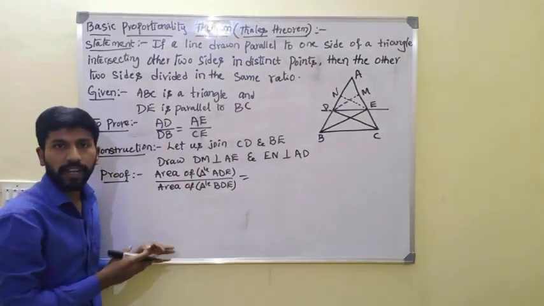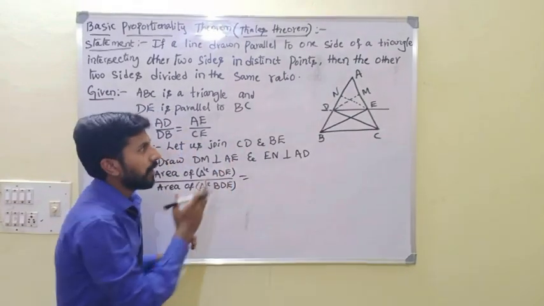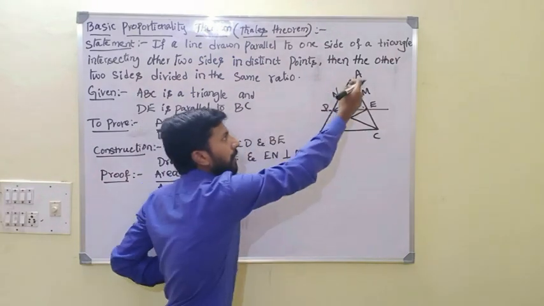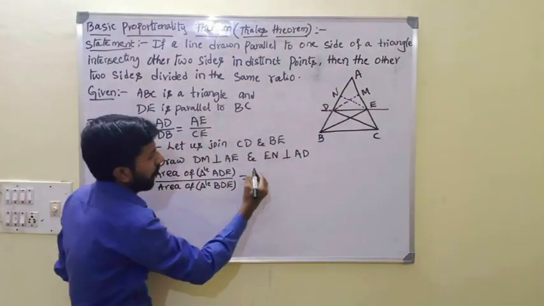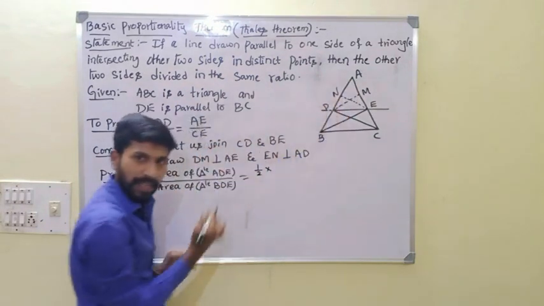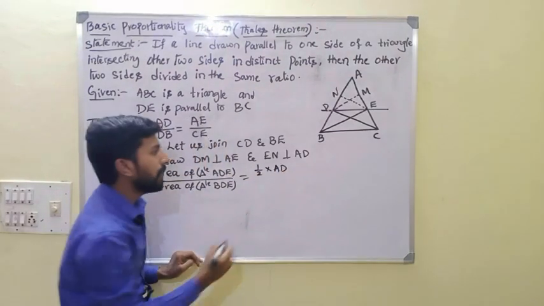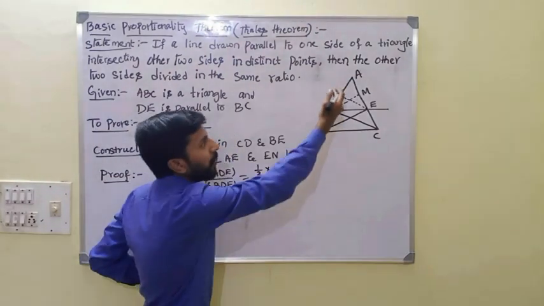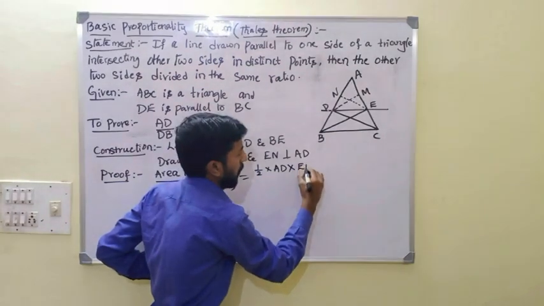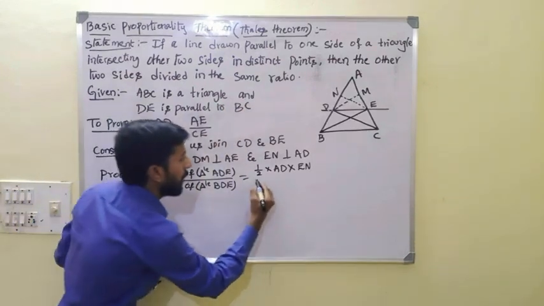Now what is the area of triangle formula? Half into base into height. Here the base in triangle ADE is AD, half into AD, and the height is the perpendicular we have drawn, that is EN, divided by triangle BDE.